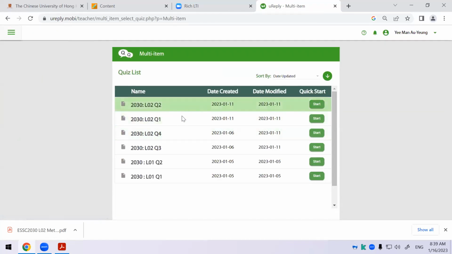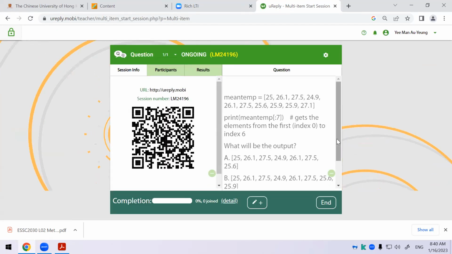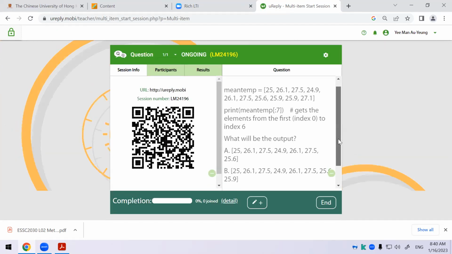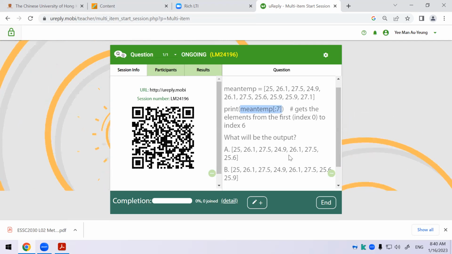Second question. So this one is printing min temp nothing colon 7. So which one is the answer here?